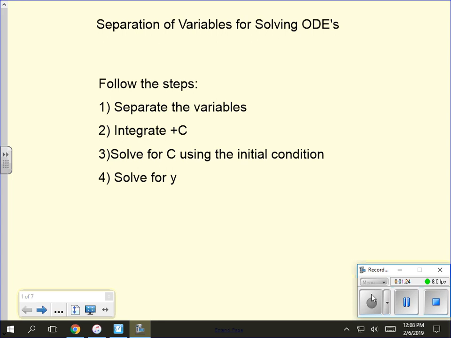Integrate, in other words, antiderivatives, plus c. Do not forget the plus c. Solve for c using the initial condition. You're given an x and y that this function passes through. Solve for c. And then your last step is solve for y. Sometimes it's extremely difficult to solve for y equals.